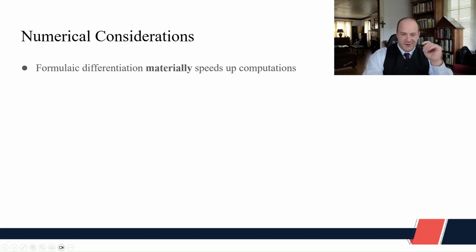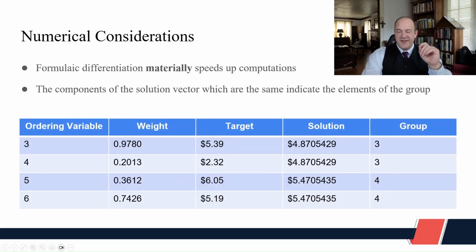We'll see that momentarily. The other thing is we sloughed over this detail previously, but we should talk about it now, and we'll see this in Excel: the components of the solution vector, which are the same, indicate the elements of the group.